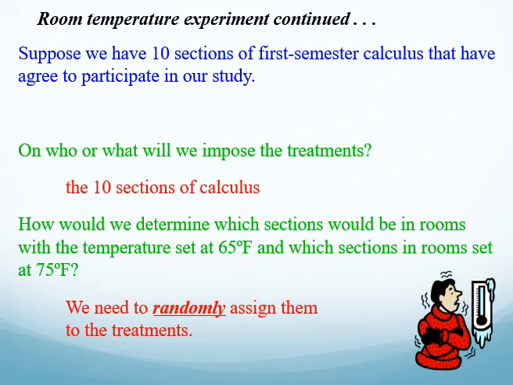We have to impose the treatment. Five classes will be at 65 degrees and five classes at 75 degrees, and the best way to decide which is which is randomly. By randomly assigning them, the five classes getting one treatment will be as similar as we can make them to the five classes getting the other treatment.